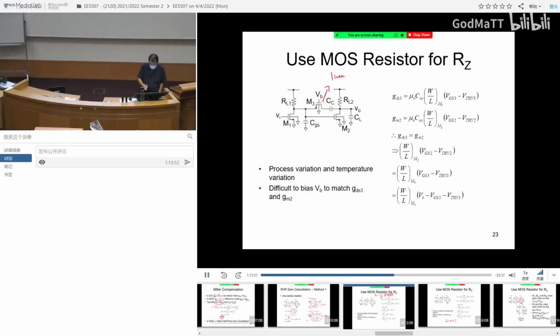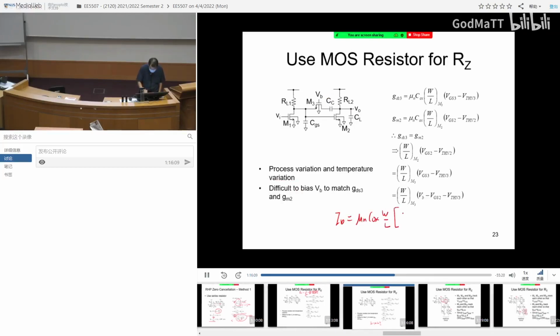So we can calculate. To find out the resistor value, you can use the linear region equation. ID equals μn COX W over L, (VGS minus VTH) VDS minus VDS squared over 2.